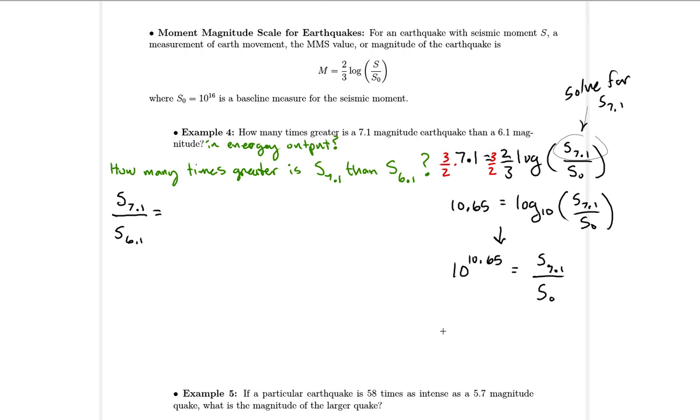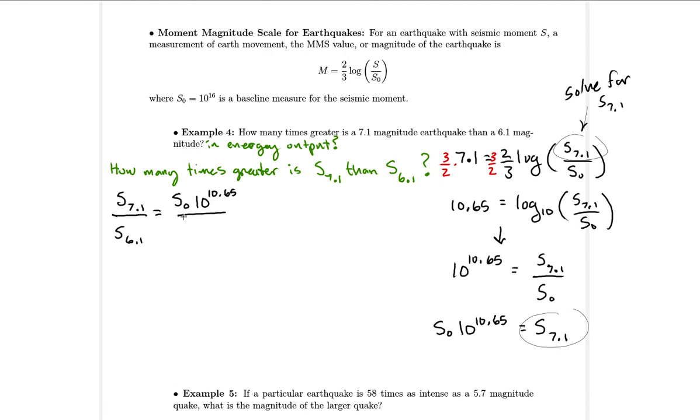And then to finish solving for this, we can just put S0 on this side. Okay, so we've just isolated this. So I can put S0 times 10 to the 10.65 here on top.